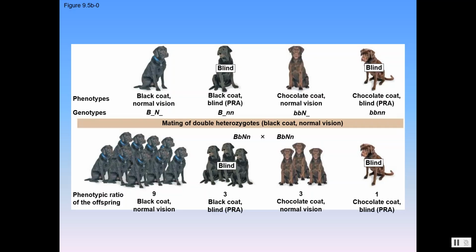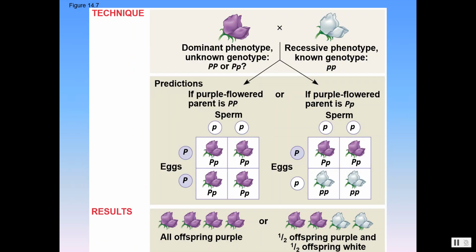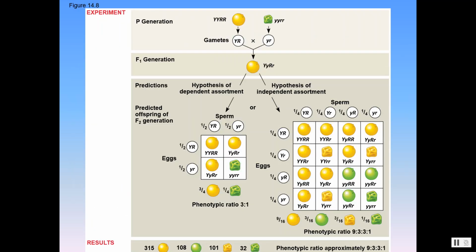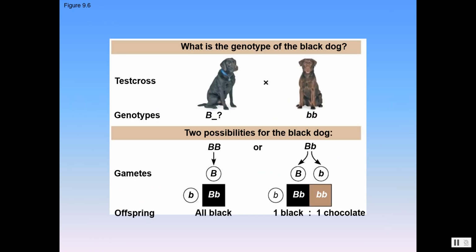So it's just showing you mixing up the double heterozygotes and what you would get from that. Again, these are just practice examples. These are very complicated, and so is this. This is more along the lines of what you would be asked to do, a Punnett square to cross two genes. I wouldn't ask you to do a 4, but it's just giving you an example.